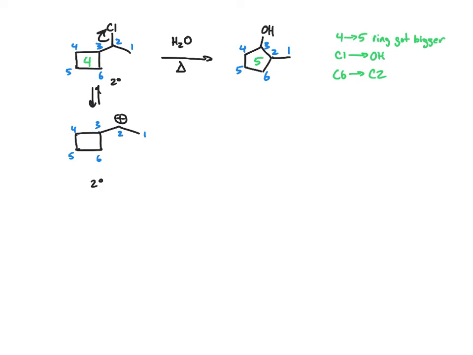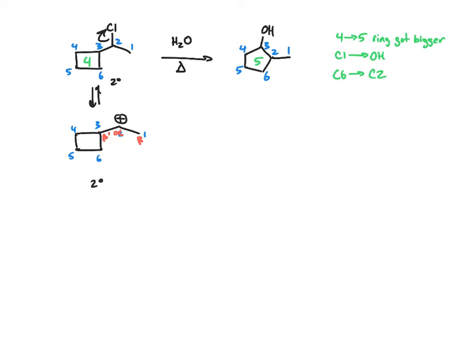We're looking at the carbon bearing the leaving group that ionized. So carbon 2, I want to call that the alpha carbon. And the carbons bonded to it, I'm going to call beta and beta prime because they're both different. So you may think, with what I'm about to say, that I was lying to you in class.